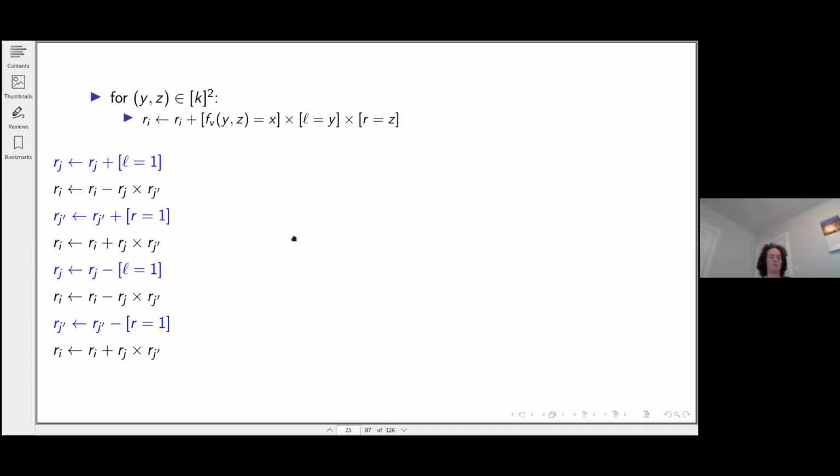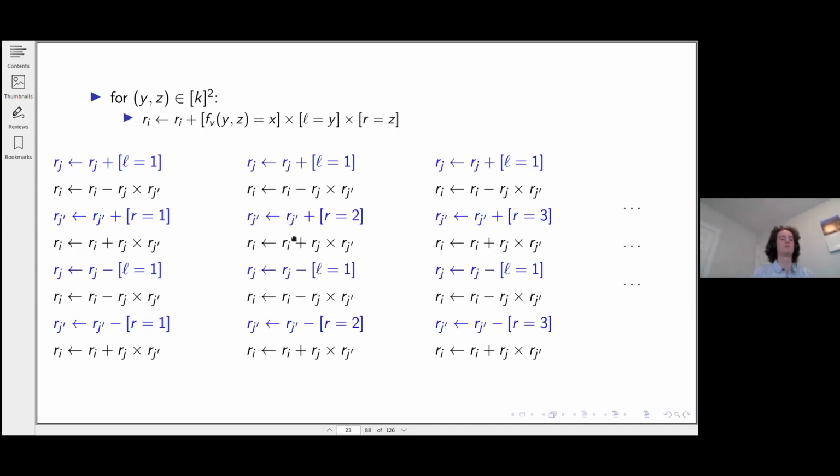If you remember, the algorithm implementing the lemma looks a little bit like this. We have 4 calls to the subroutine, which I've marked in blue on this slide. And then in between those 4 calls, we have these manipulations that add or subtract the other 2 registers. And this is put in a for loop, which basically means we repeat a similar sequence of instructions over and over again.